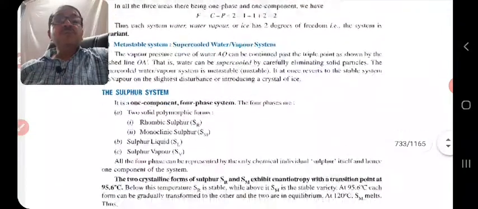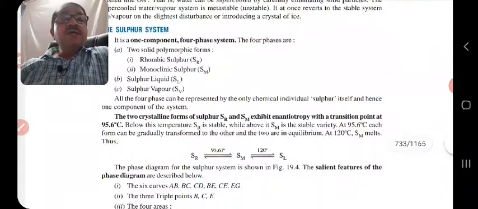Now here the two crystalline forms of sulfur SR and SM exhibit anisotropy with a transition point at 95.6 degrees centigrade. So below this temperature SR is stable while above it SM is the stable variety. At 95.6 degrees centigrade each form can be gradually transformed to the other and the two are in equilibrium.